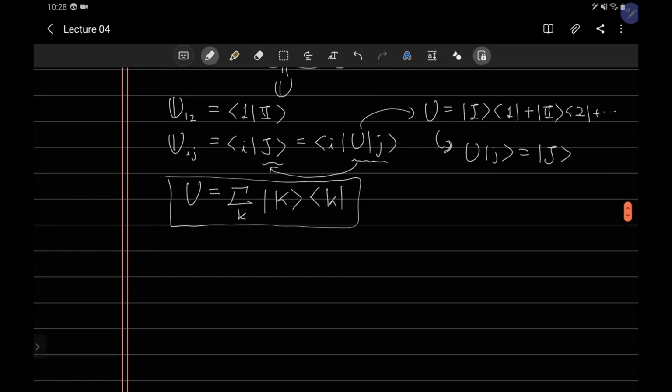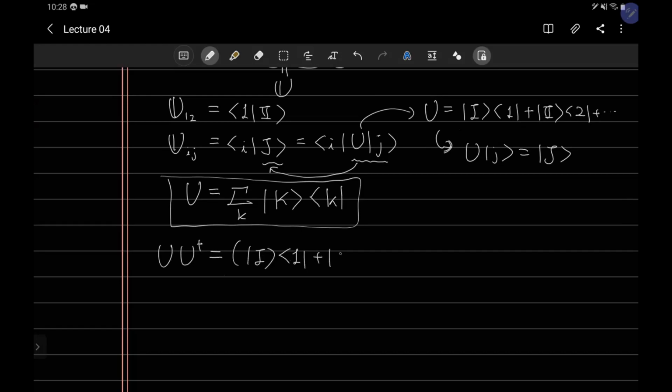Well, the proof is quite straightforward, as we can see here. To prove that something is unitary, the only thing we have to prove is that the multiplication of the matrix with its own adjoint will turn into the identity operator. Let's try to use a simple example.